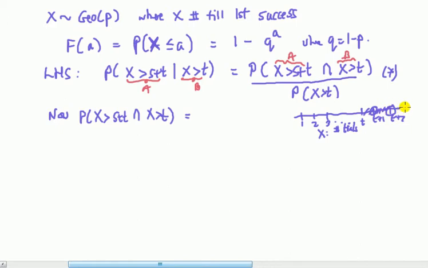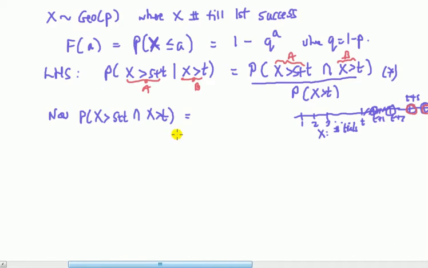This is basically my Venn diagram. But we also have to have, at some point, t plus s, and this means x has also got to be bigger than t plus s. So we shade in where that's the case as well: t plus s plus 1, and so on. And then the intersection means where we shaded both regions, and on and on.